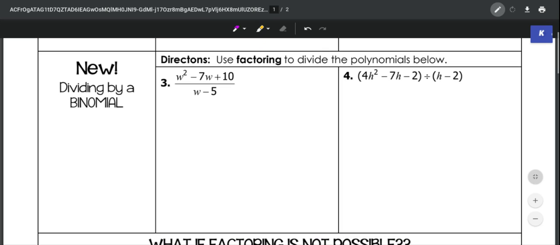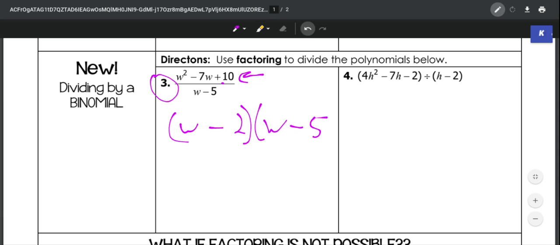So this example I'm going to work is really just going to be so you can see it, but it's going to be pretty easy to understand. Anytime you're dividing something like a trinomial by a binomial, sometimes you can factor out that top part, which we could do using the product sum, and it would be w minus 2 and w minus 5, and it would be over w minus 5.